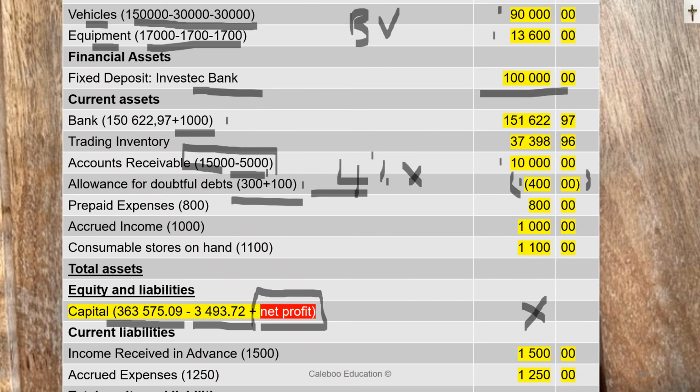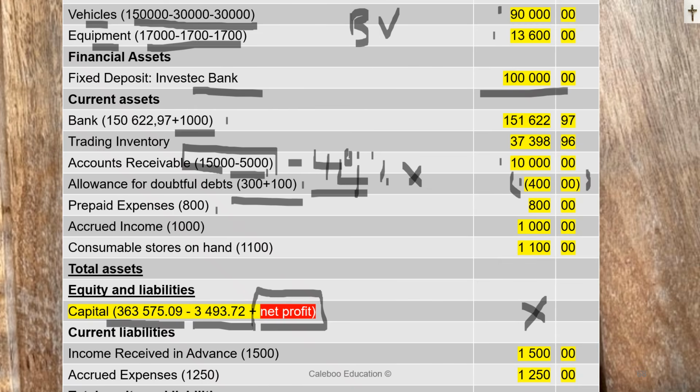So the allowance for doubtful debts is a decrease in the value of accounts receivable. I could have put it in over there, but I did it separately.